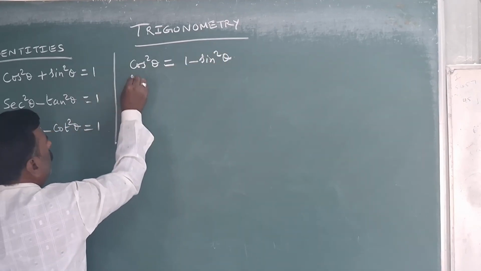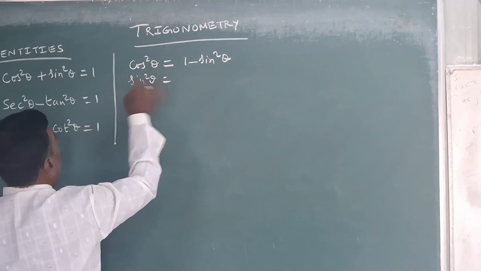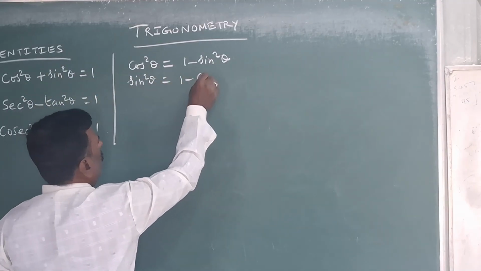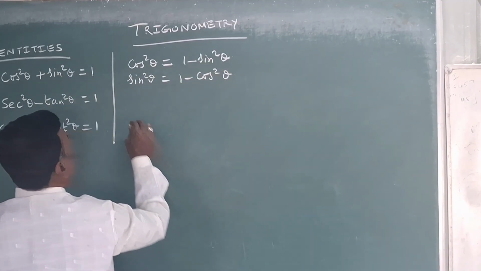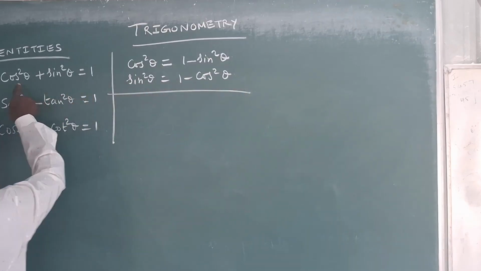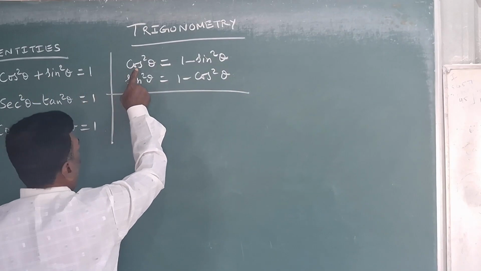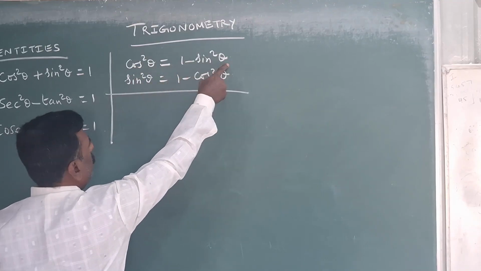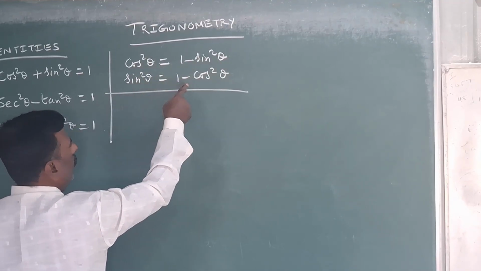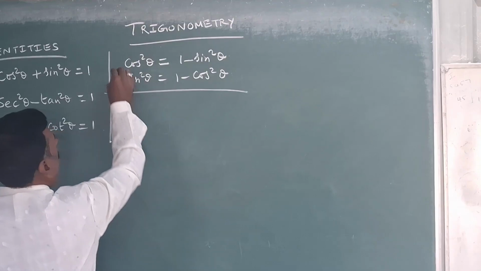If you need sin square theta, it becomes 1 minus cos squared theta. So, from the first identity cos square theta plus sin square theta equal to 1, cos square theta equals 1 minus sin square theta, sin square theta equals 1 minus cos square theta.